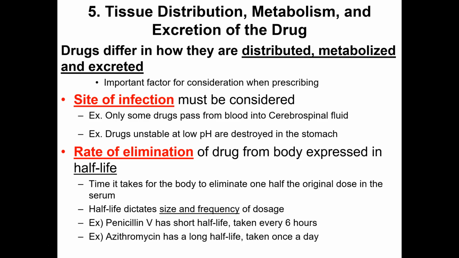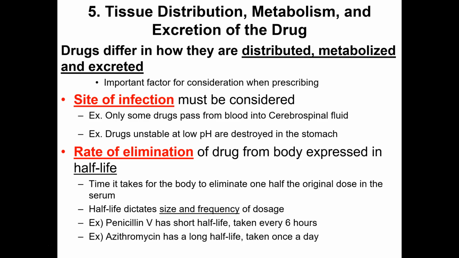Like the half-life of anything, which is the time it takes for half of something to disappear, this is the time it takes for half of the dose to be excreted. This is a very important calculation because it is used to determine the size of a dosage and how frequently you take that dosage. It's good to know how long it's going to be in your body when you're administering an antibiotic.